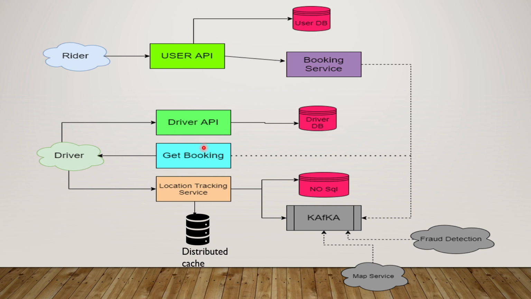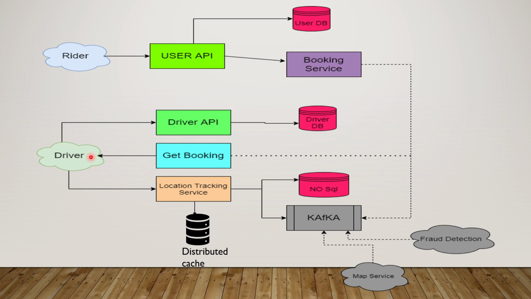Next, there will be something, again a black box like this, which will give the driver a booking request. So this booking service will basically talk to this get booking application, and this will push to the driver a push message that one request has come to pick up a rider. Are you willing to accept that or not?